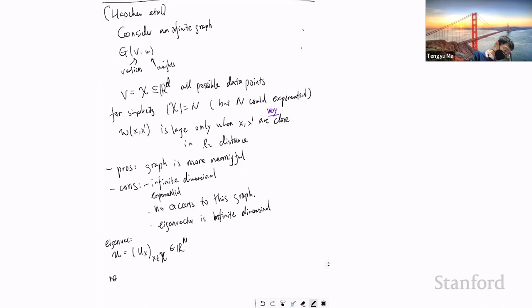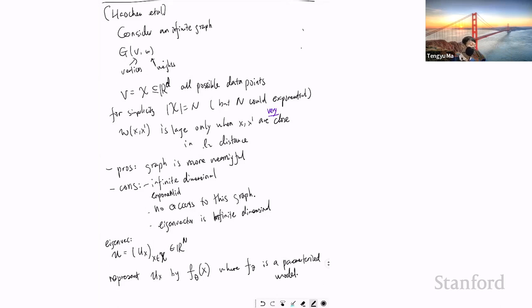But what you do is you represent this u_x by a neural network f_theta applied on the raw data point x, where f_theta is a parametric model. If you do this, then at least you can describe the eigenvector by theta.